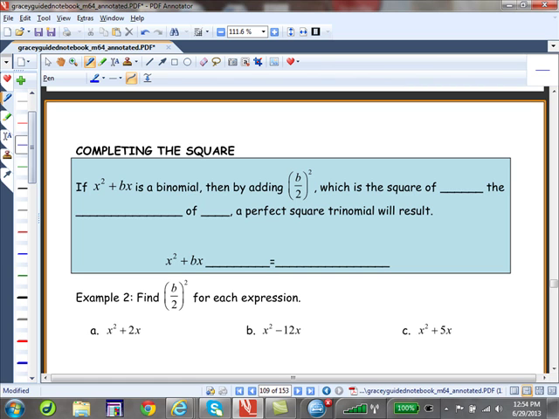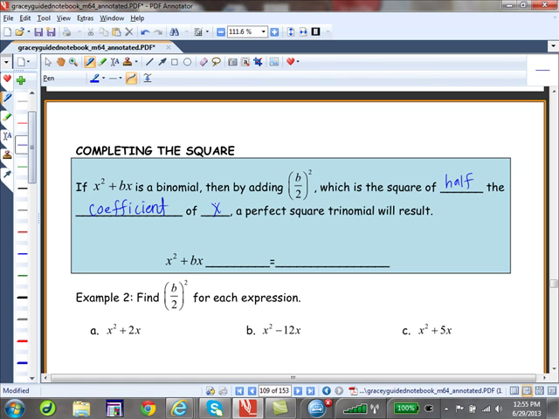So if x squared plus b times x is a binomial, and b is a real number, if you add b over 2, the quantity squared, which is the square of half the coefficient of x, then a perfect square trinomial will result.